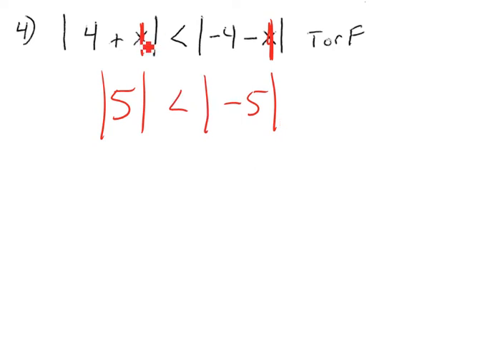Remember, when you put a value in there for x, you have to put the same number, because they're both x's, so they're both 1s. The absolute value of 5 is 5. The absolute value of -5 is also 5. Is 5 less than 5? No, it's equal, but it's not less. So that's also false.